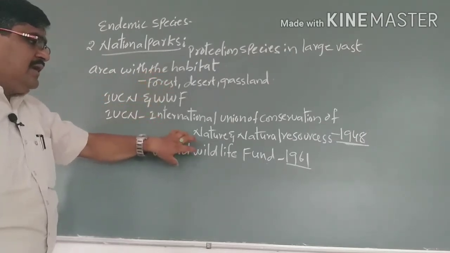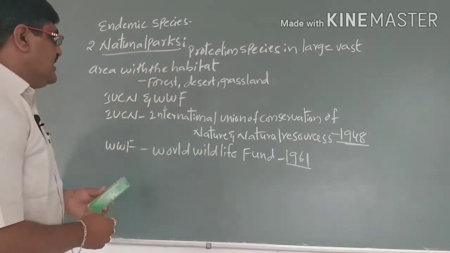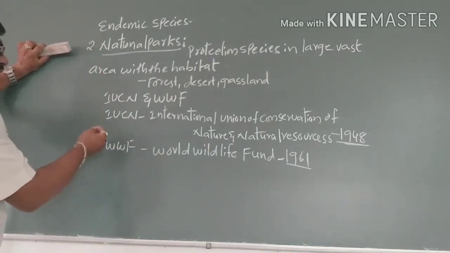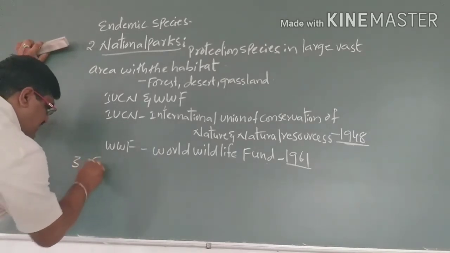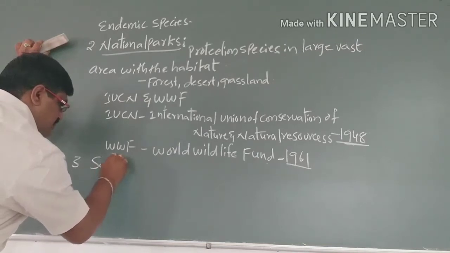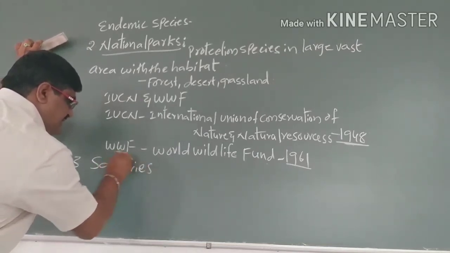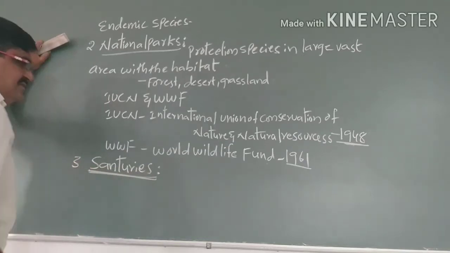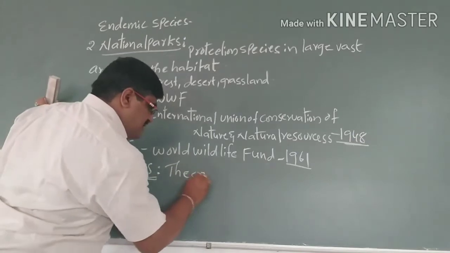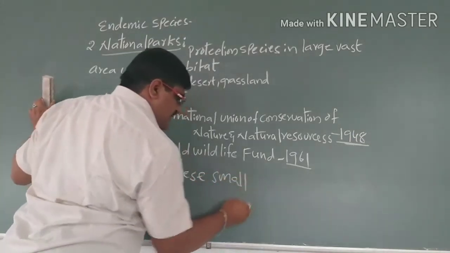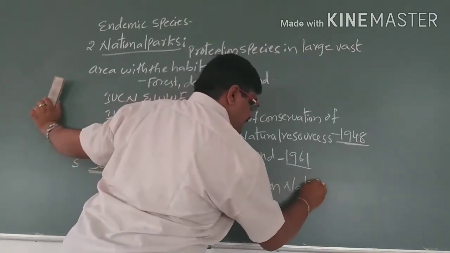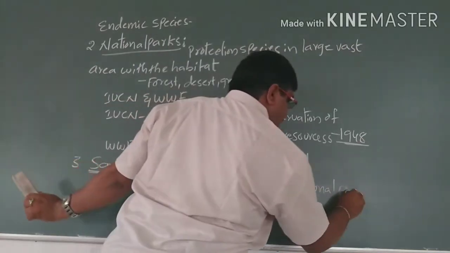So we can call them areas protected by the IUCN as well as the World Wildlife Fund. The third one is sanctuaries. Sanctuaries are smaller than national parks, where species protection takes place.